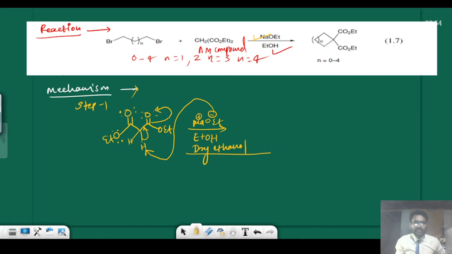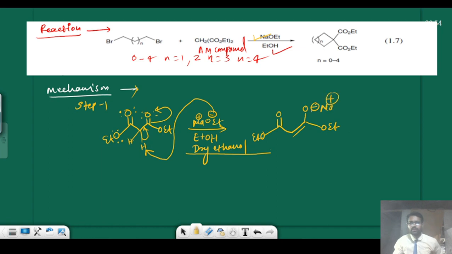So we are discussing enolate anion, enolate chemistry. So we need to generate enolate ion system. C double bond O, OEt, C double bond O, OEt, O minus Na plus.